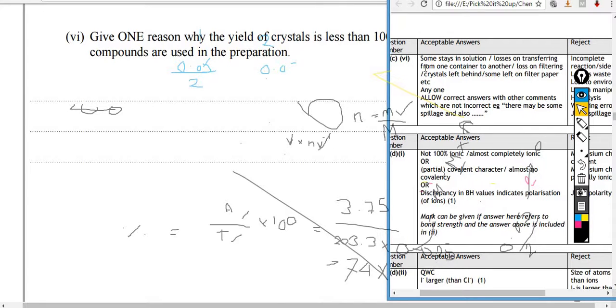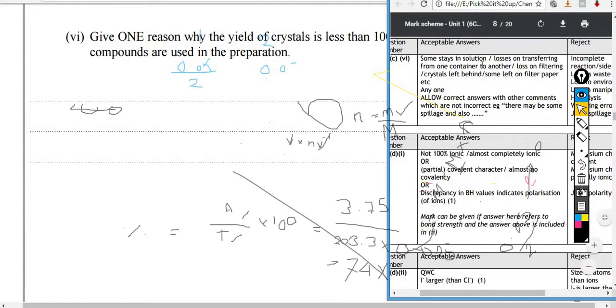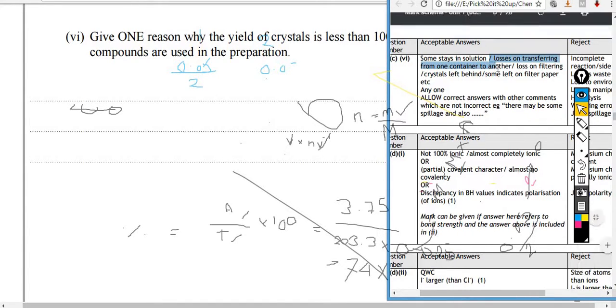you were not able to collect all the salts in the solution, and some got lost while transferring from one container to another. Another could be lost in filtering, because you use filtering or centrifugation or whatever for the separation method, and while doing that process you could lose some of the salts, and crystals left behind.